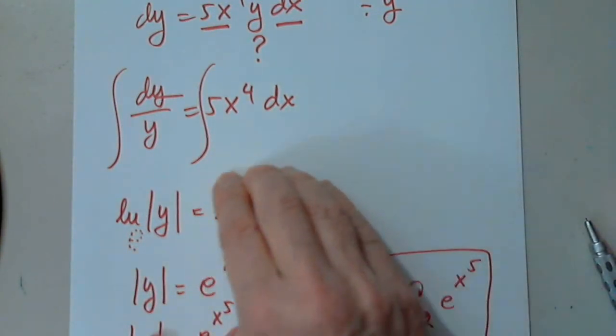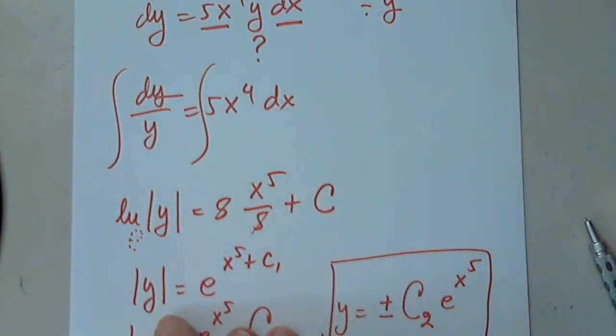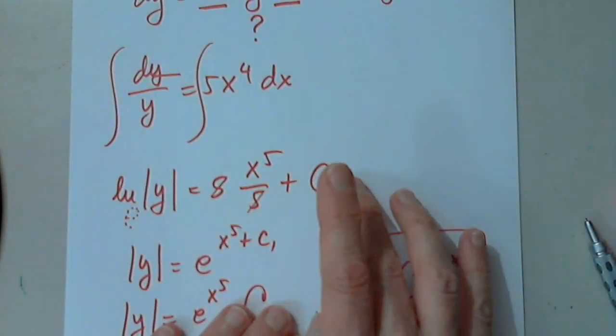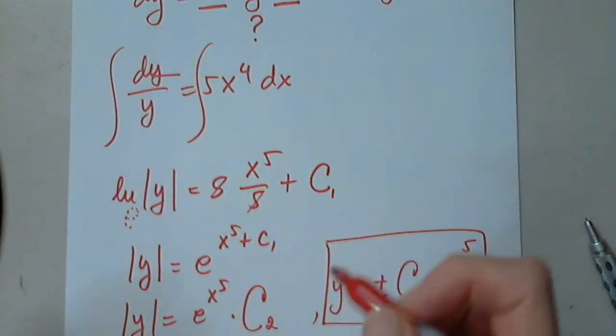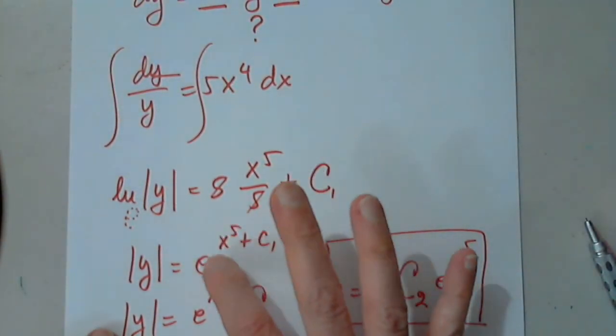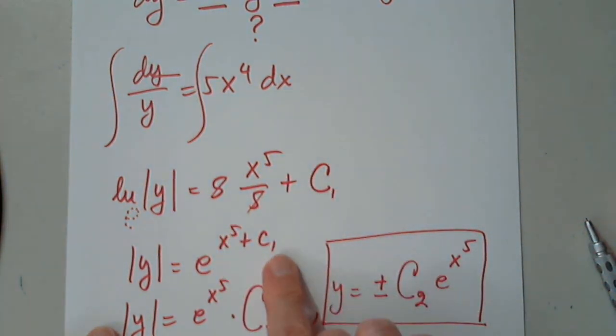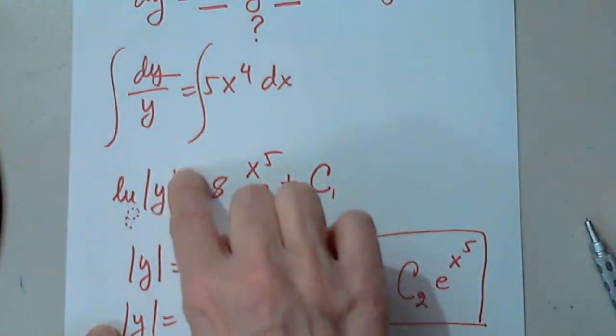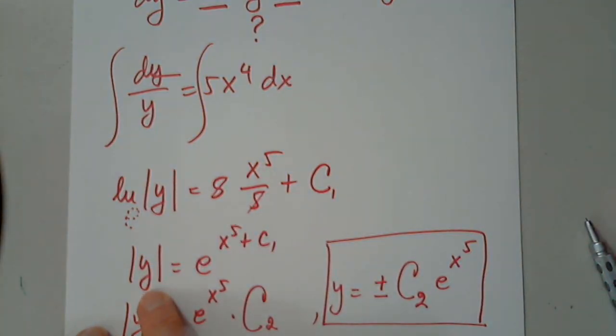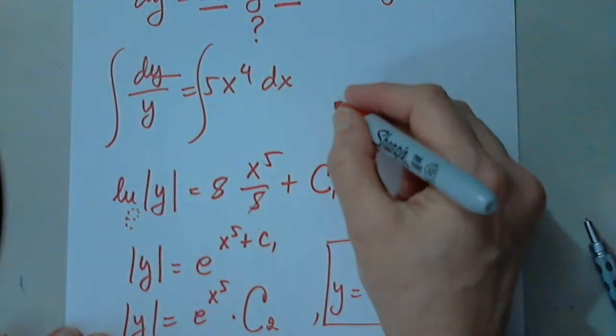E raised to this is the absolute value of y. And I have two pieces. I didn't want to put c1. I mean, we can. If I put c1 there, I have to put it here. So e to x to the 5th plus c1. E to this power equals this. Let me refresh your memory on that.